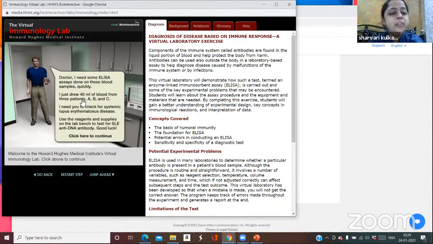He has just drawn 40 ml of blood from 3 patients, A, B, and C, and he's going to check for systemic lupus erythematosus disease, which is an autoimmune disorder. He's telling us to use the reagents and supplies and test for this SLE. SLE is short for systemic lupus erythematosus. And he's saying good luck to us. So let us start.